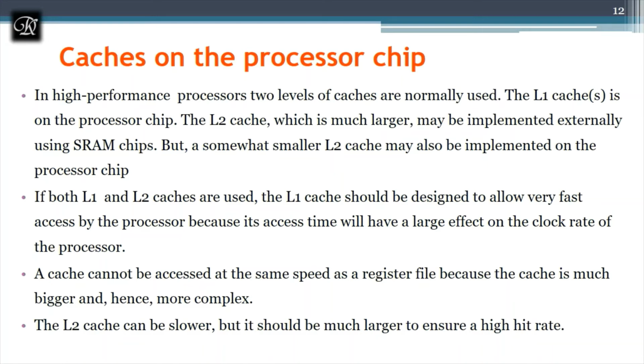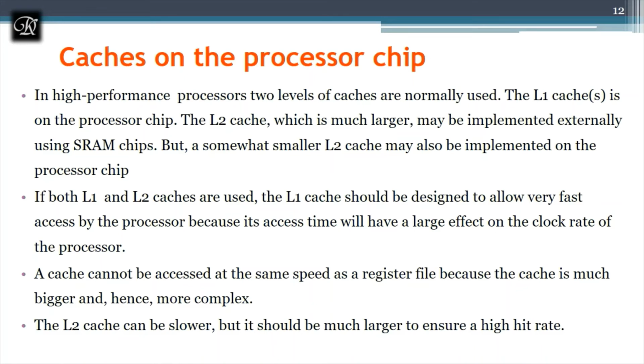A cache cannot be accessed at the same speed as a register file, because we have seen the general purpose registers in the first module discussion. We cannot access the cache as fast as register files, because registers are very tiny, in terms of bits and bytes, but cache is in terms of MBs. The cache is much bigger, and hence its access is also more complex.